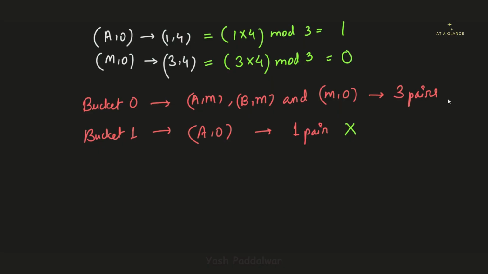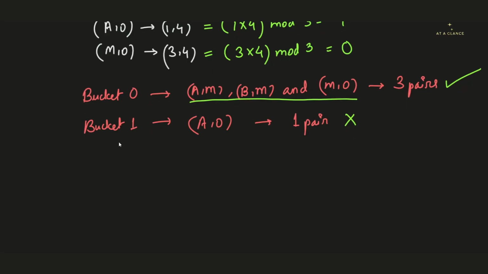That means it is satisfying the minimum threshold condition. That is why this particular bucket is said to be a frequent bucket, and all the pairs that are present inside bucket 0 are going to be frequent. Now, if you look carefully at bucket 1, it is excluded. The pair present inside it is AO. You can see that the AO pair is also excluded because its bucket is excluded.